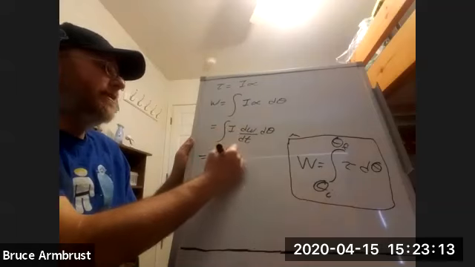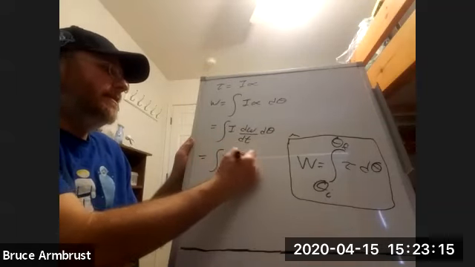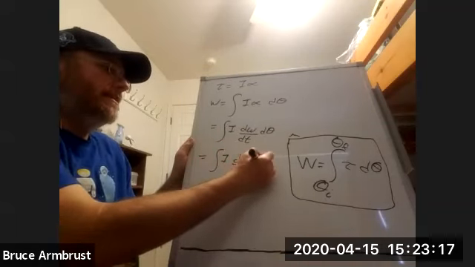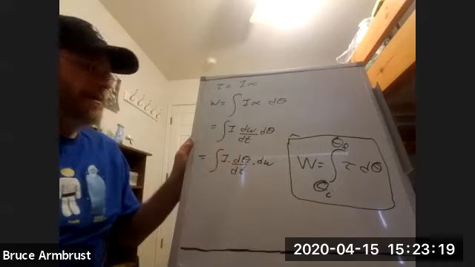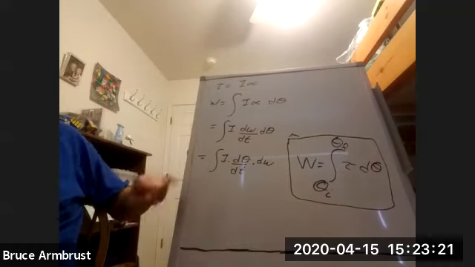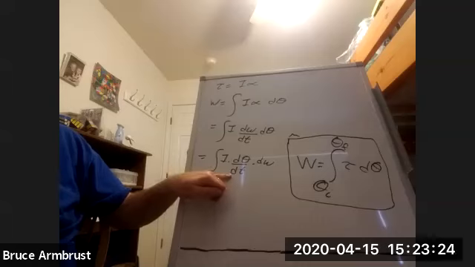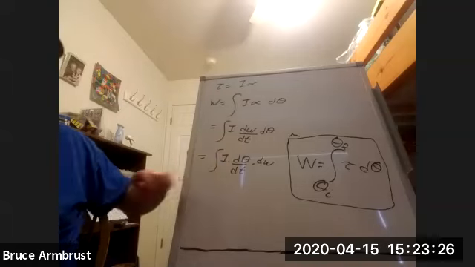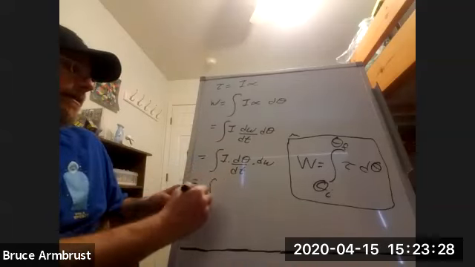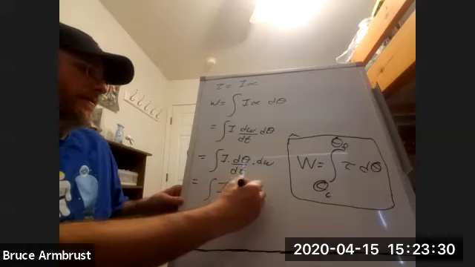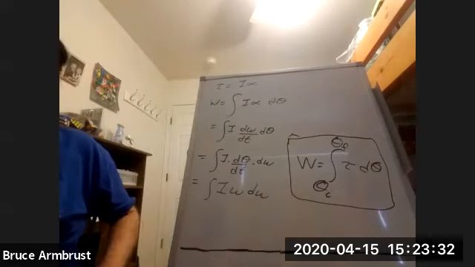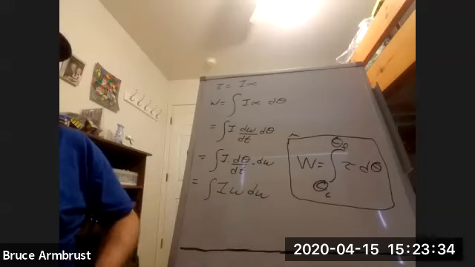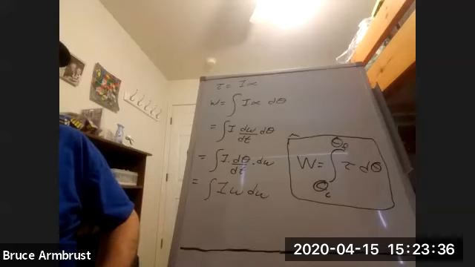But let me rewrite this. I'm going to write this as d theta dt times d omega. And now d theta dt, the change in angle with time, that's just omega. So I'm just going back to the quantities and replacing them.